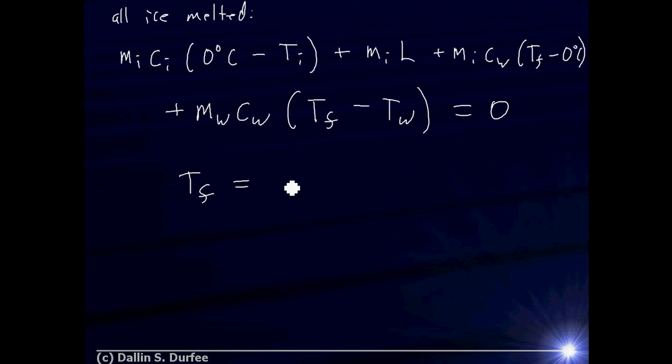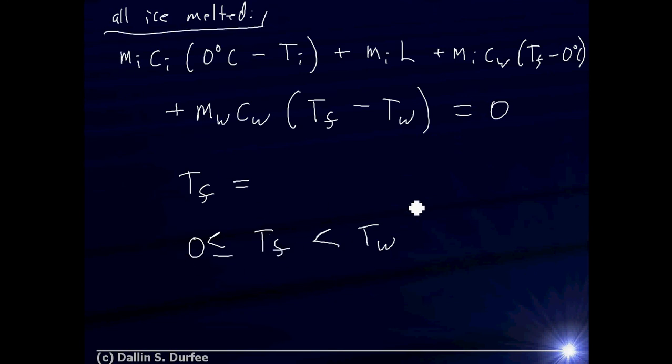But if I find out that my temperature is below 0 degrees C, that tells me that either all of the ice didn't melt, or maybe even some or all of the water froze. So if my final temperature is somewhere between 0 degrees C and the initial temperature of the water, then that's an indication I chose the right scenario and I've got my answer.